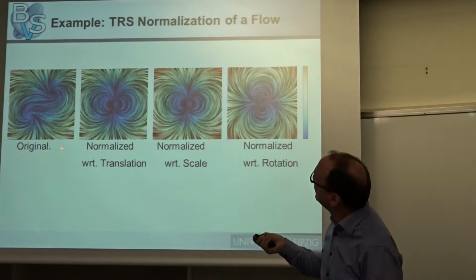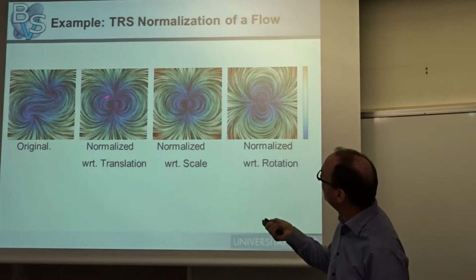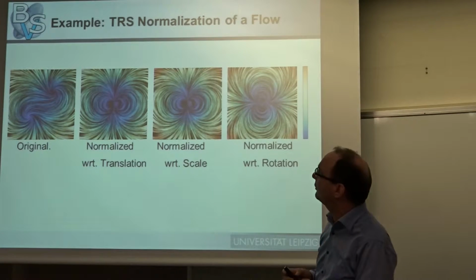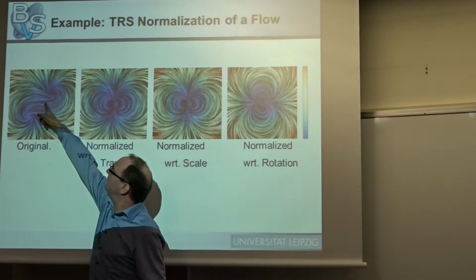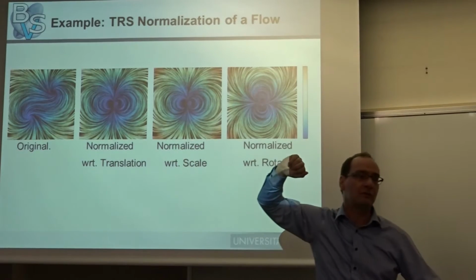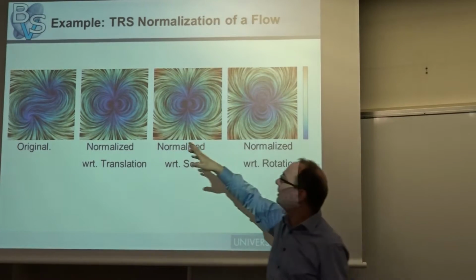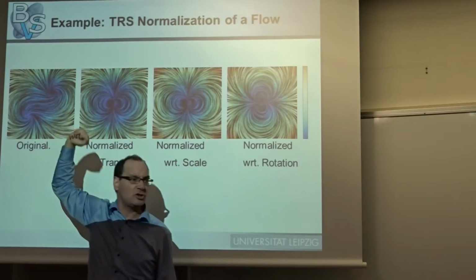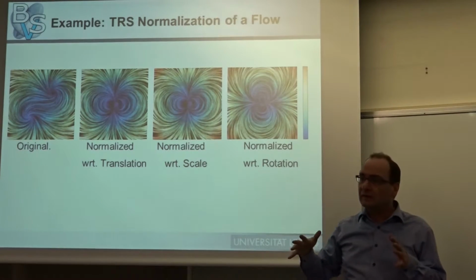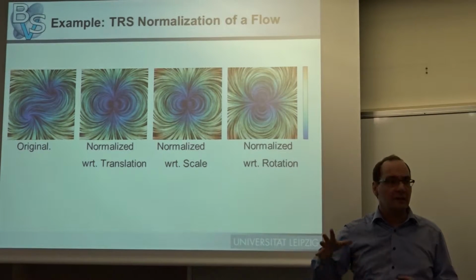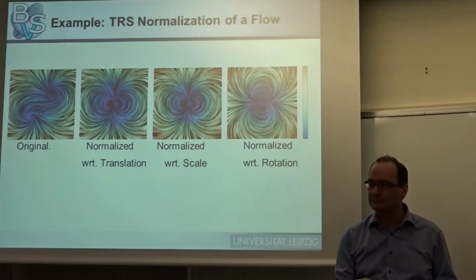So if that's the original flow, I normalize with respect to translation, subtracting a certain vector translation. I have two translations. Here I can move that part along in the image, but I could also subtract a component of the vector.